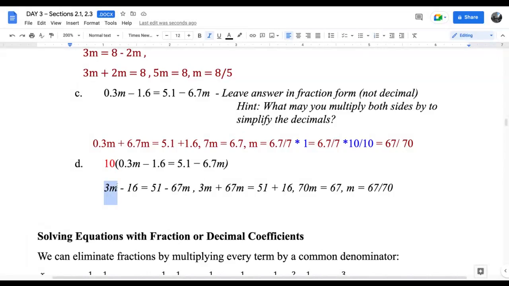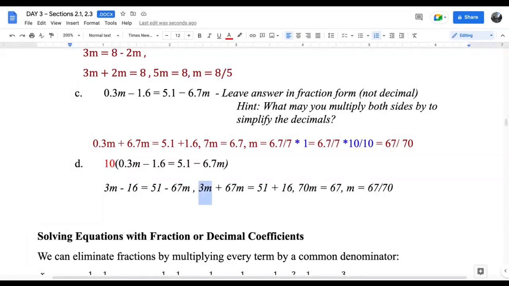0.3m times 10 becomes 3m. Negative 1.6 times 10 becomes negative 16. 5.1 times 10 becomes 51. Negative 6.7m times 10 becomes negative 67m. No more decimals. So we multiply by 10 to get rid of the decimals.